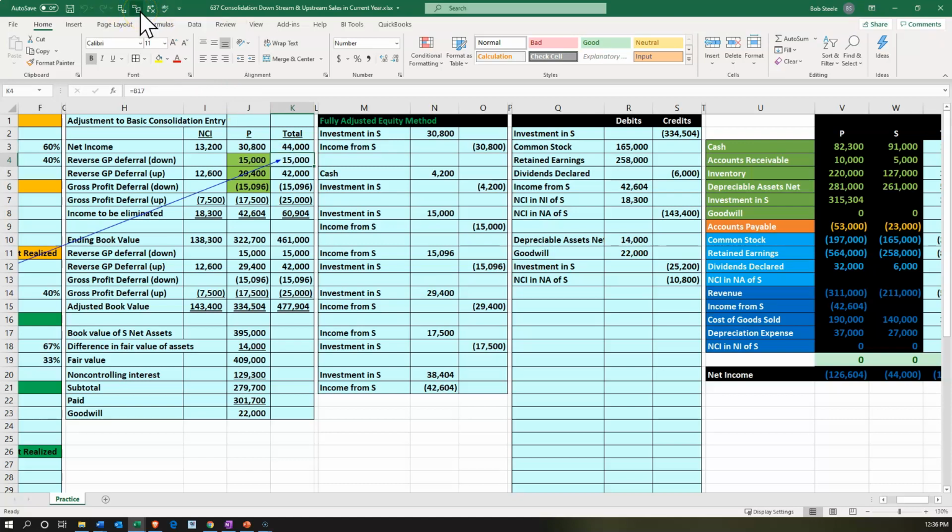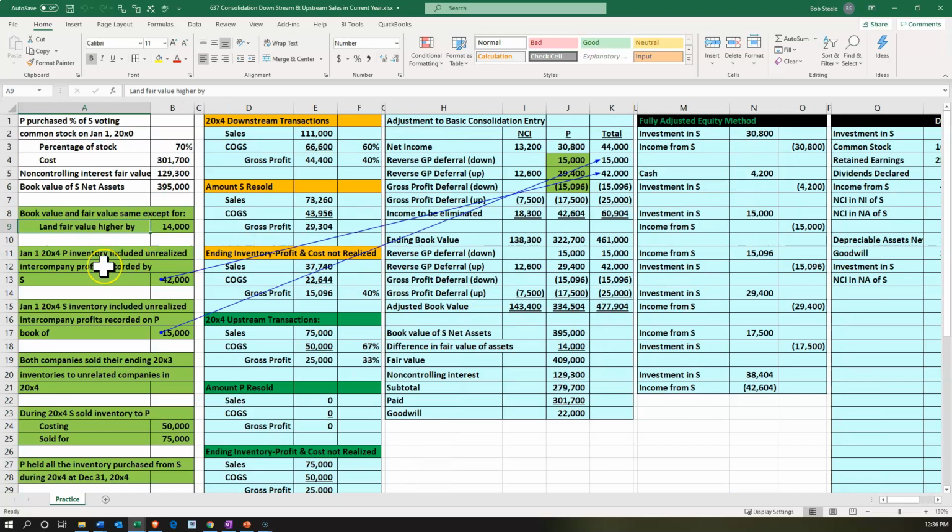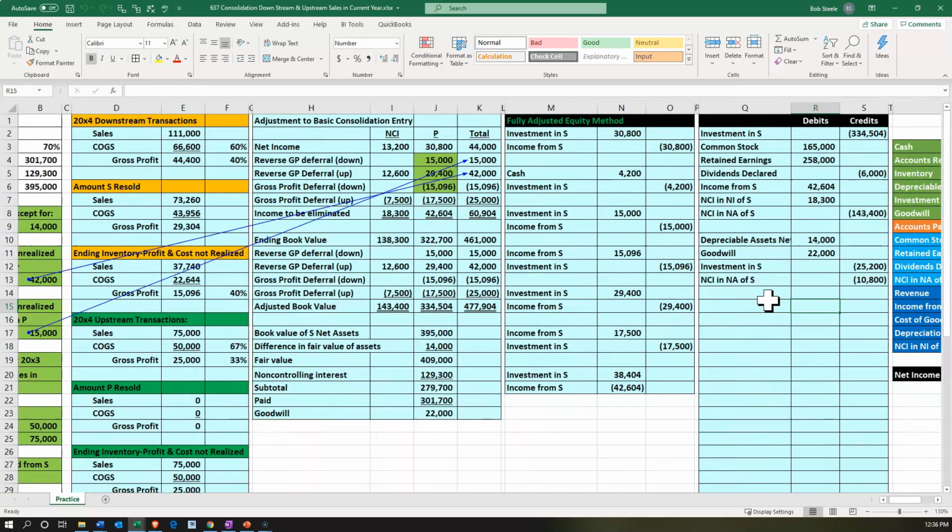So this came from here and here in our data, and the data basically says as of January of this year we had these amounts on the books, and then of course we assume that we sold them in the current year. So if we sold them in the current year, there's cost of goods sold in there that we're going to be eliminating. So we're going to be eliminating cost of goods sold related to these items.